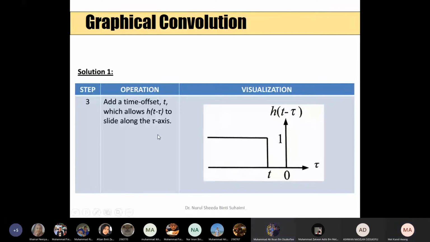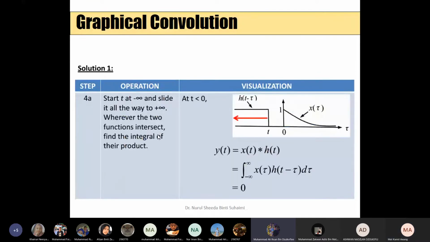Then step 4: you start sliding t from minus infinity all the way up to plus infinity. So now you start sliding from here and move towards that.